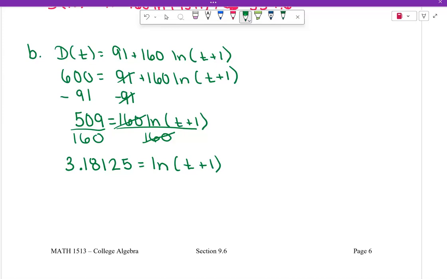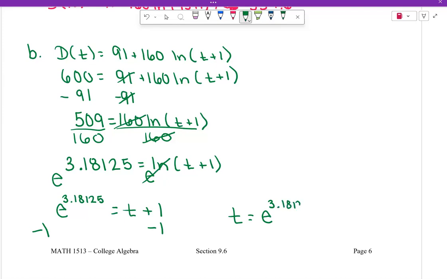Okay, so this t is trapped by the natural log. We know that e will undo that, and they'll cancel each other out. So we're going to have e to the 3.18125 power equals, and those cancel, t plus 1. Therefore, to get t by itself, we just subtract 1. So t is going to be equal to e to the 3.18125 minus 1.